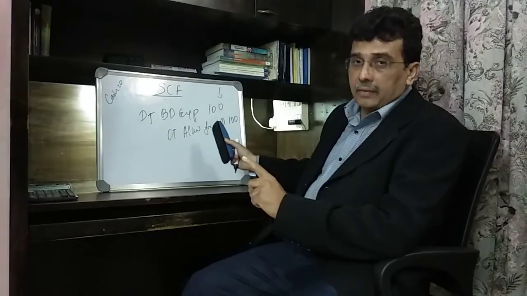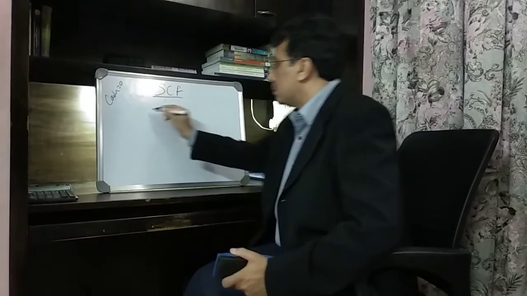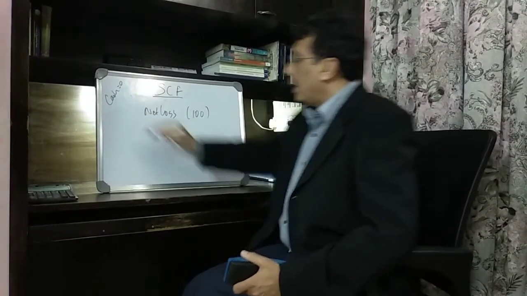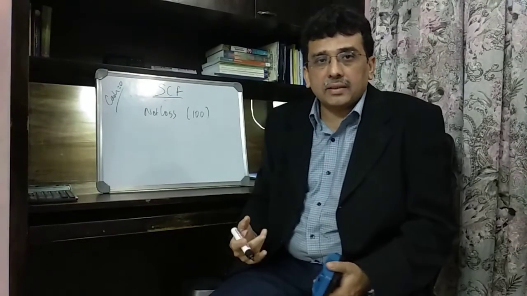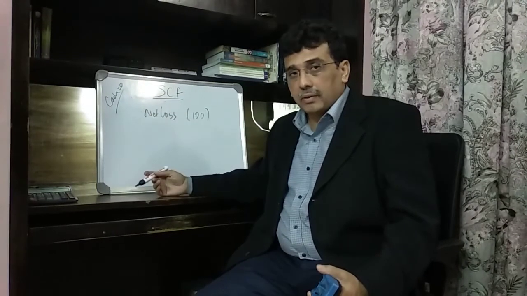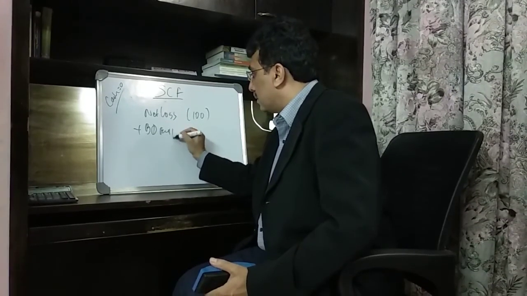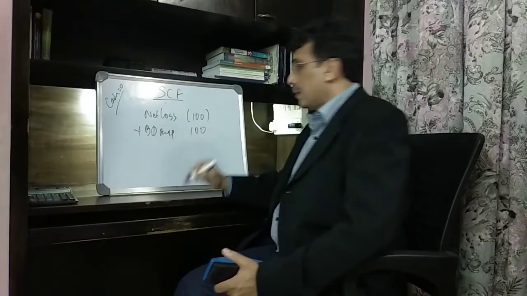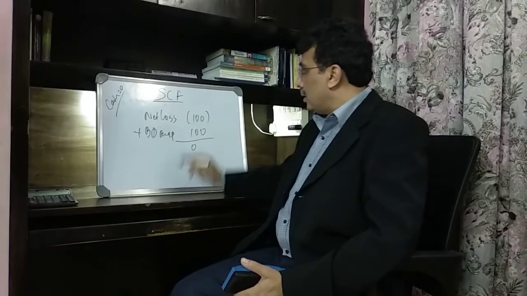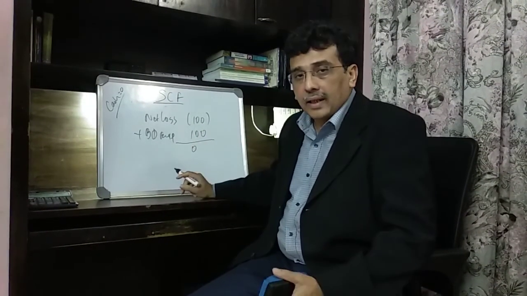So if this was the only entry for the year, you would have had a net loss of 100, right? And a cash of 0. You can never have cash as a minus or a negative quantity. Okay, it should either be 0 or a positive quantity. So what do you do here? You add back your bad debt expense in the cash flow statement, right? And arrive at your cash balance, which is 0. Okay, so these are the adjustments you are going to make for non-cash expenses.